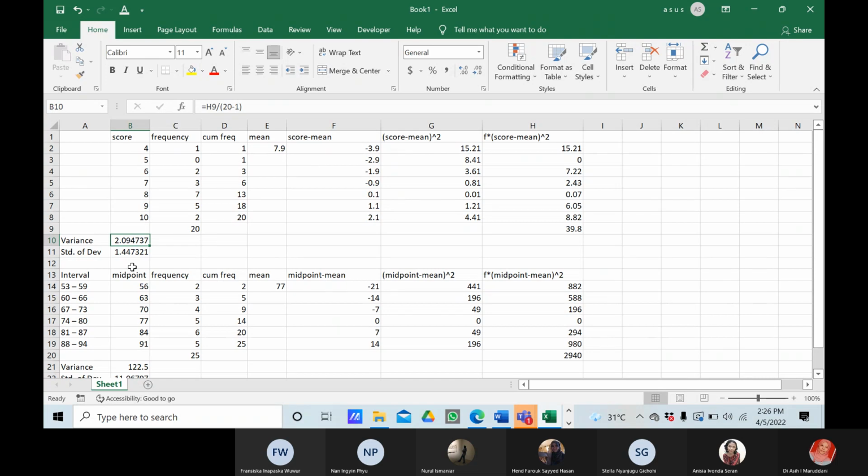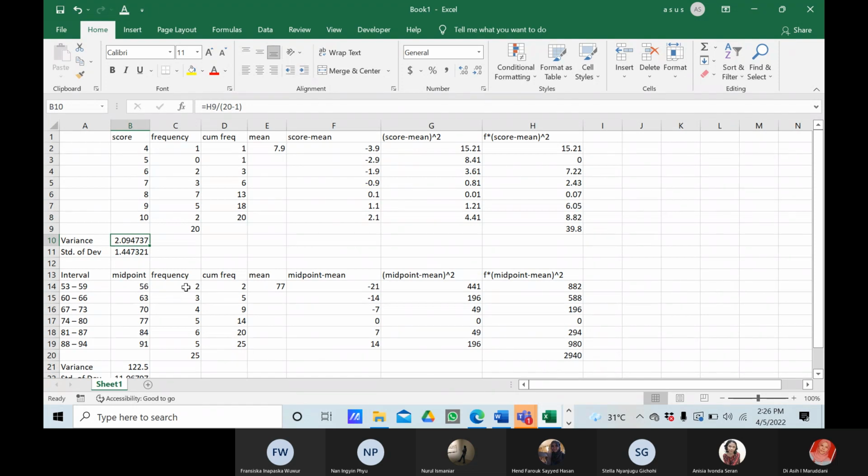The midpoint is the same as the score here. The midpoint comes from the middle value of the interval. Then you calculate just the same as the first table.